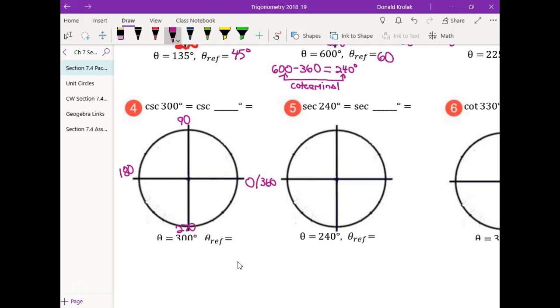All right, so there's 300 degrees. Okay, shade my reference. Calculate my reference. What do we got, Chris?